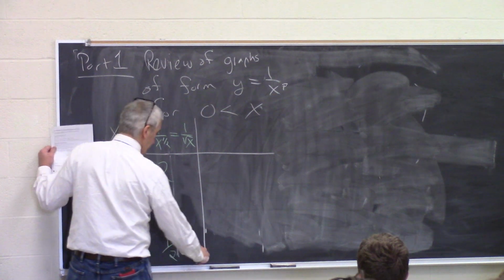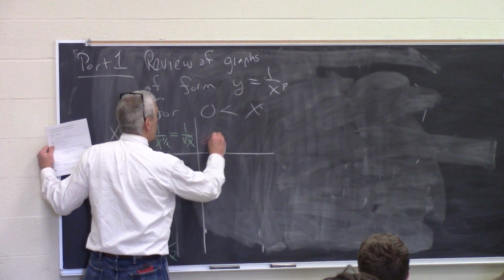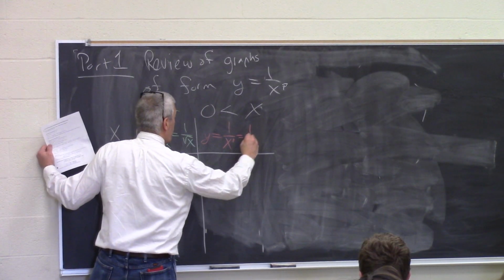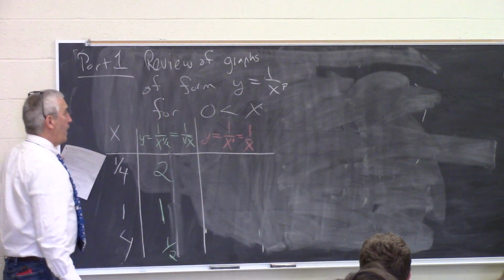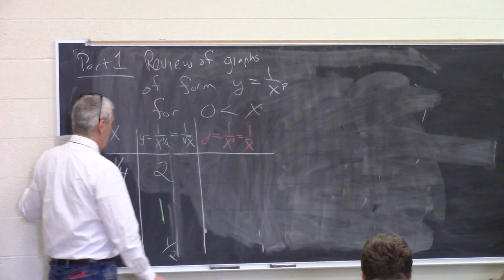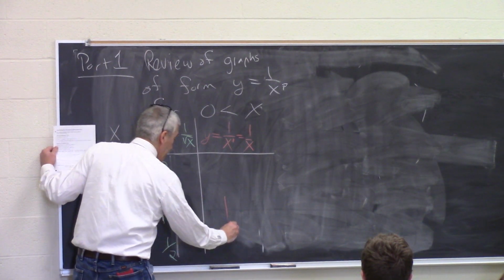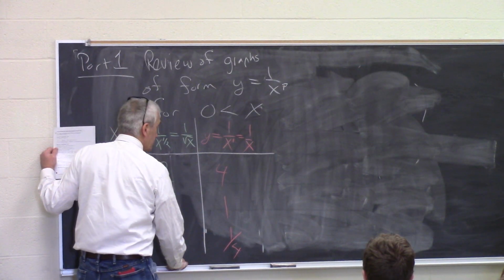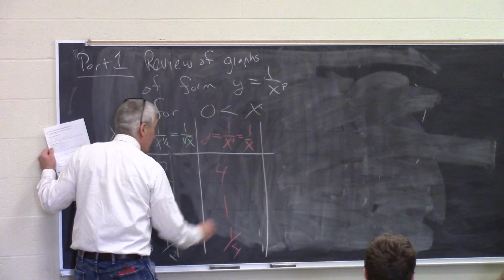Okay, the next graph is y equals 1 over x to the 1. In other words, just 1 over x. Well, the y values on this graph are easy. 1 over 1 is 1, 1 over 4 is 1/4, 1 over 1/4 is the number 4. Easy peasy.